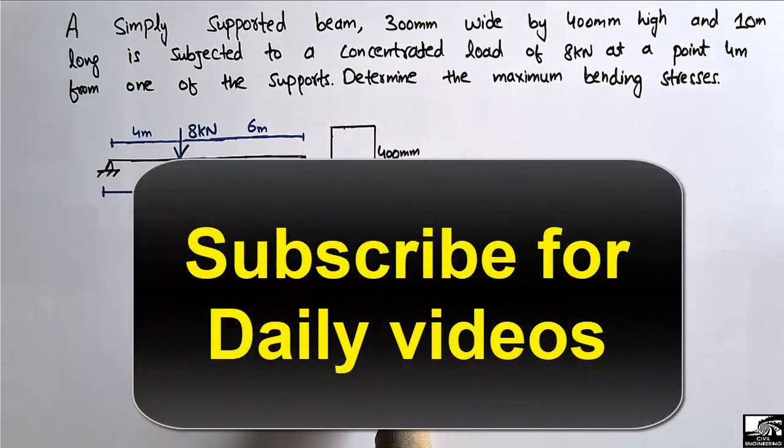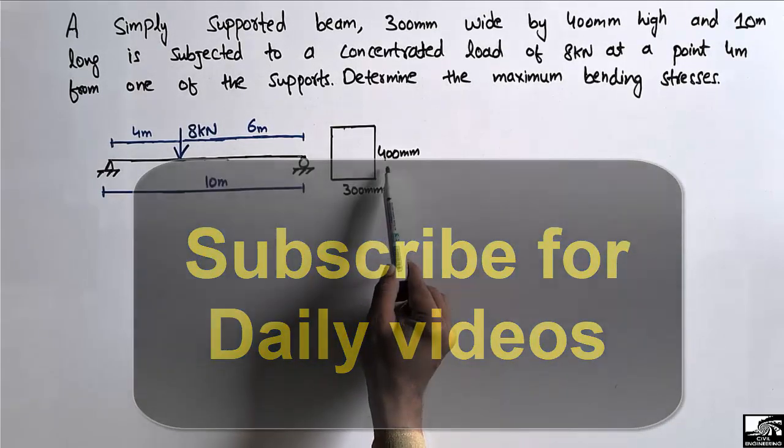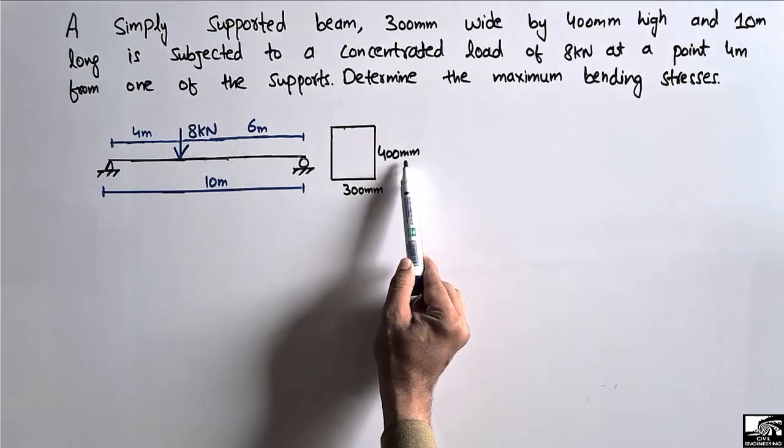And this is the cross section of the beam where the width of the beam is 300 mm and height of the beam or thickness of the beam is 400 mm.